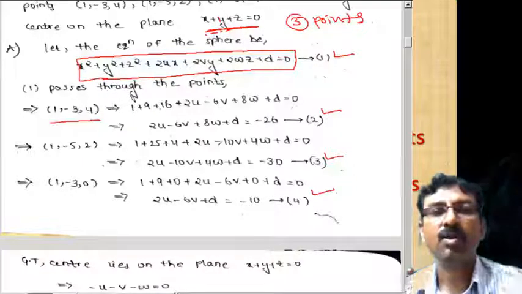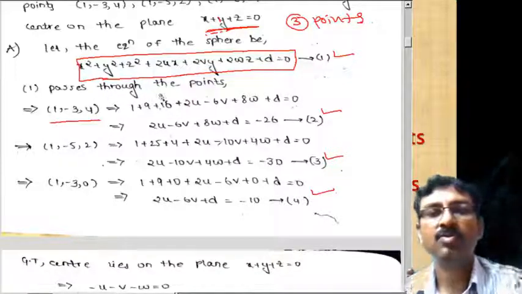So x is 1, square 1, minus 3 square 9, z square, that is 4, z square 16, plus 2u. Sorry, x is 1, replace xyz by 1, minus 3, 4: 2u, minus 2v, y is minus 3, therefore minus 6v, and for w, z is 4, so 2 times 4 is 8w, plus d equal to 0.